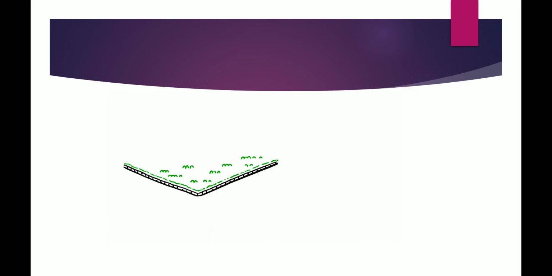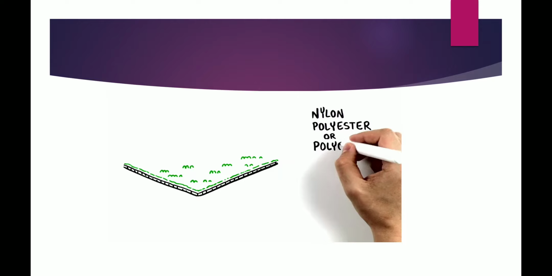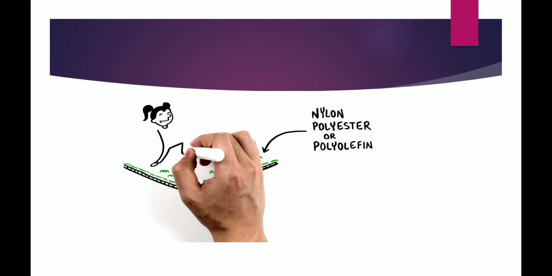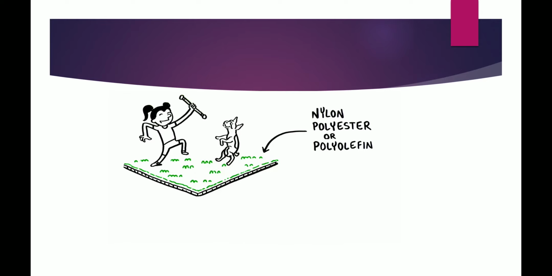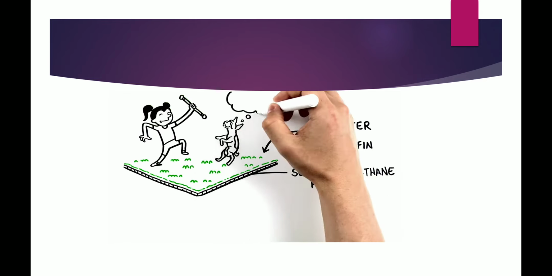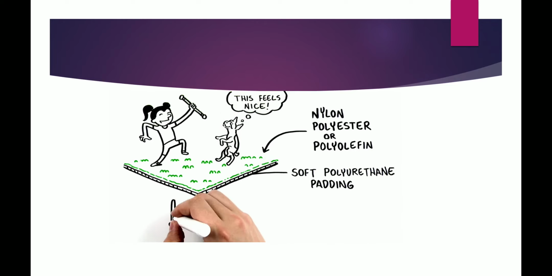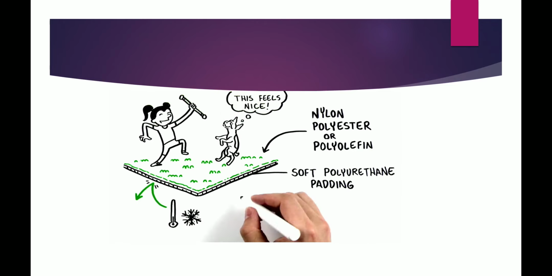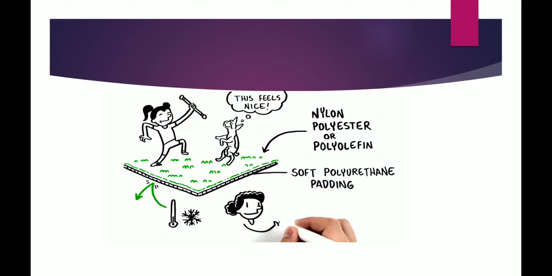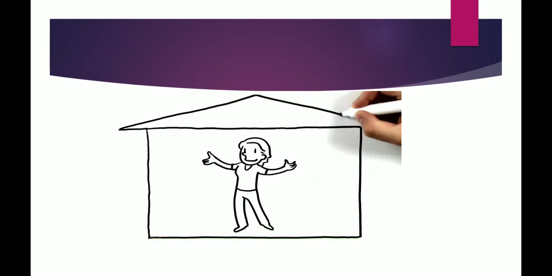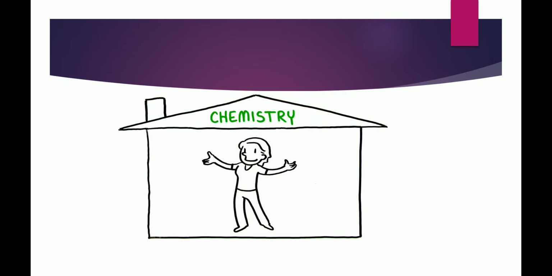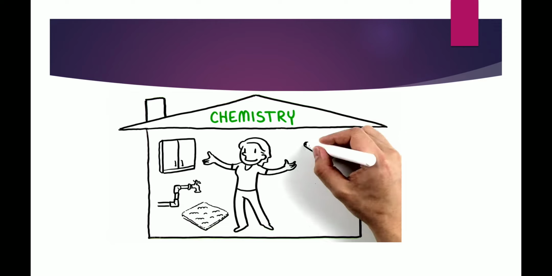Carpets made from nylon or other fibers like polyester or polyolefins are great for families with young kids or pets because they're stain and moisture resistant. Soft polyurethane padding underneath makes carpets more comfortable. It also provides insulation against the cold and acts as a sound barrier for those of us with noisy kids upstairs. So you see, inside and out, top to bottom, the products of chemistry make your house a better place to come home to.